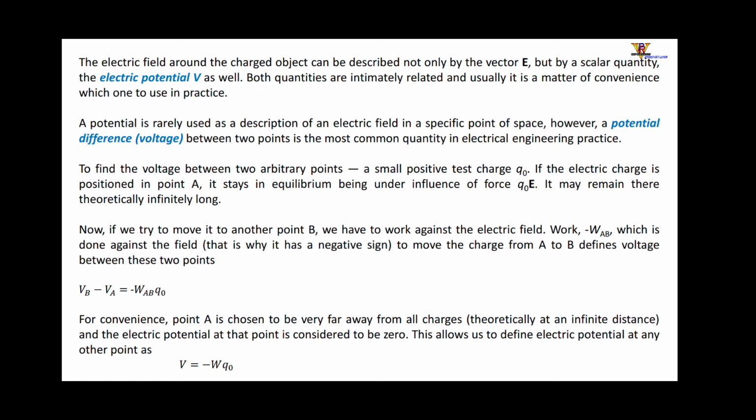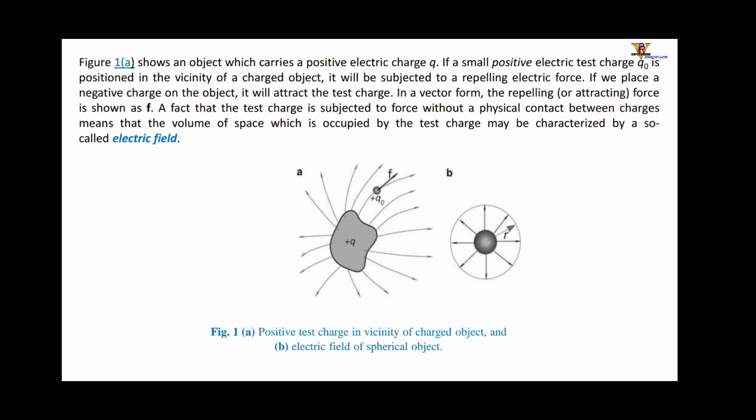A small positive test charge q naught, if positioned at point A, stays in equilibrium under the influence of the force q naught E. We are placing this q naught at a point A. Suppose we have this plus q naught charge at a point near the object, A is near the object and B is far from the object.